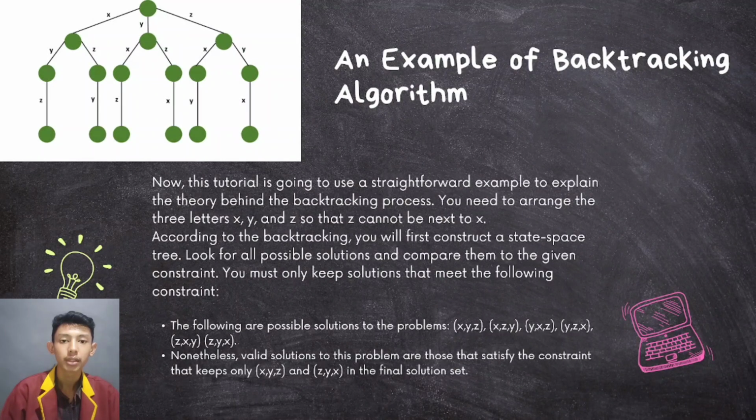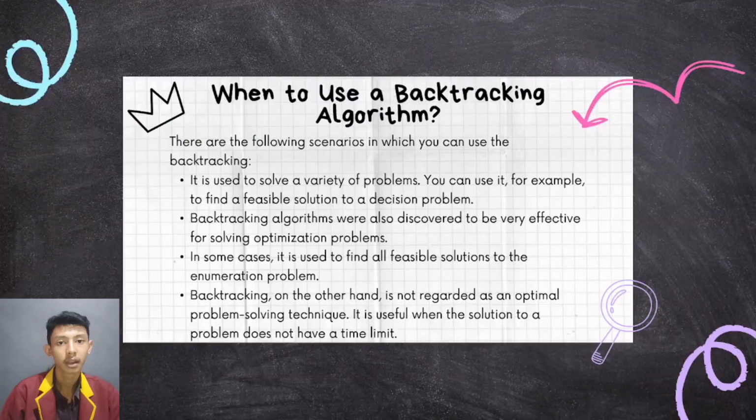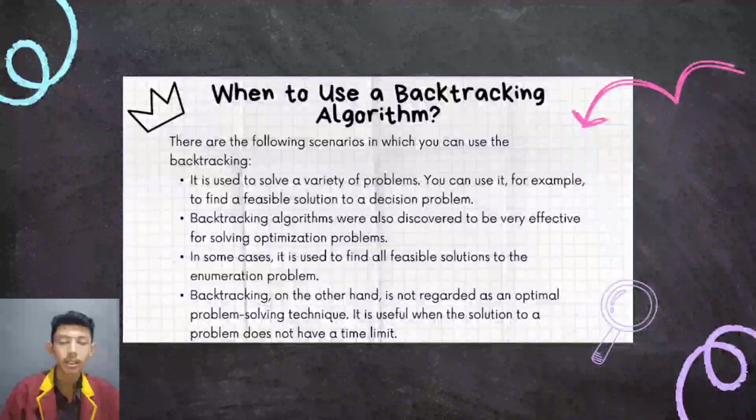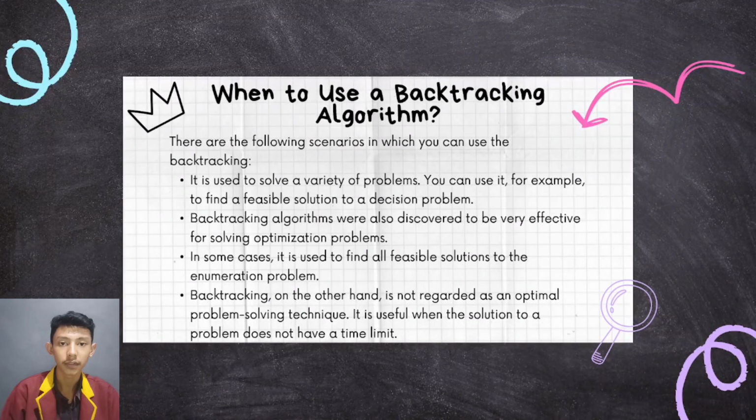And next, when to use a backtracking algorithm. The following are scenarios in which you can use backtracking. One, it is used to solve a variety of problems. You can use it, for example, to find a feasible solution to a decision problem.